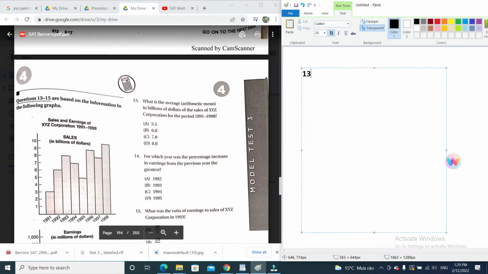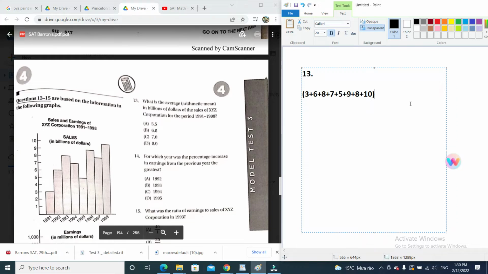So for number 13, in 1991 it is 3, then 6, and 8 in 1993, 8, and the fourth in 94 is 7, 95 is 5, 96 is 9, 97 is 8, and 98 is 10, right?